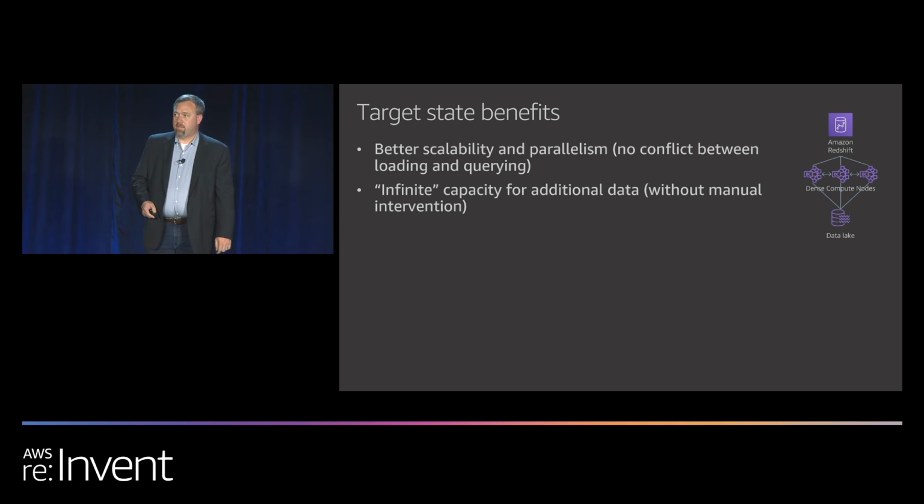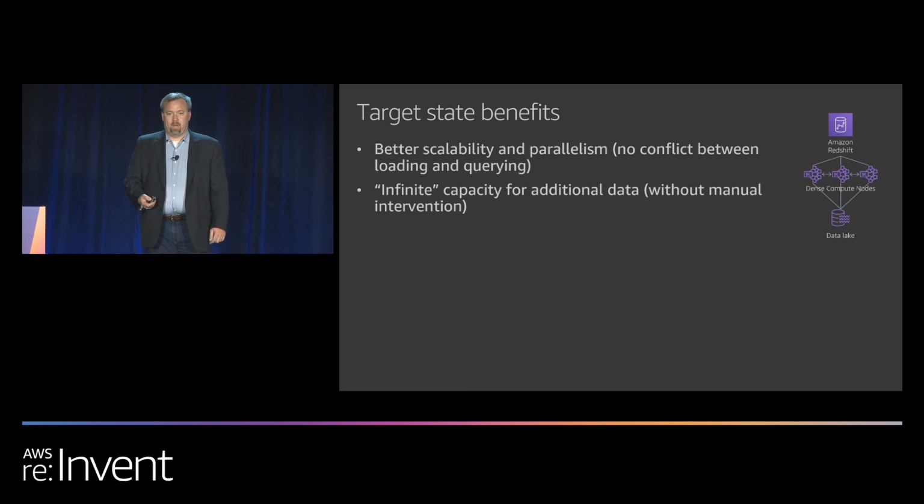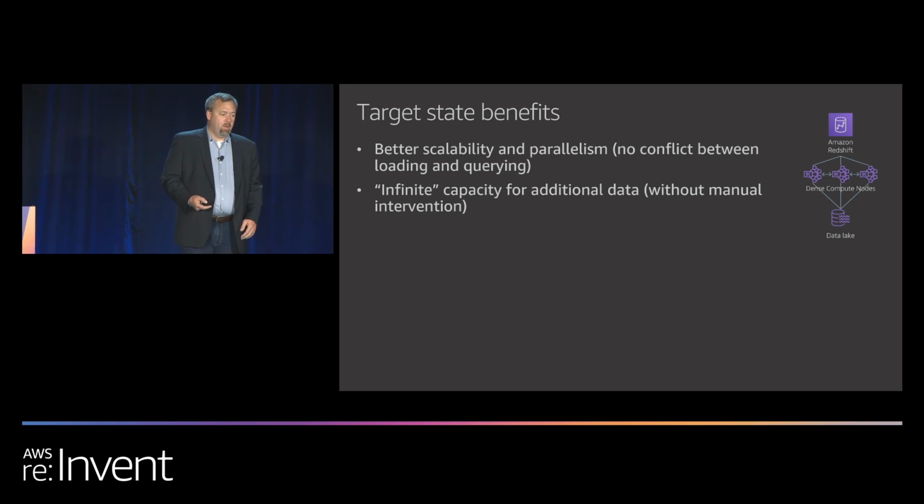The benefits of this target state architecture are that, first and foremost, we have better scalability and parallelism. We now have the ability to run queries that have zero contention against our loading process, that have zero contention with other queries in different functional areas. The second benefit is that we now have basically infinite capacity for storing additional data.